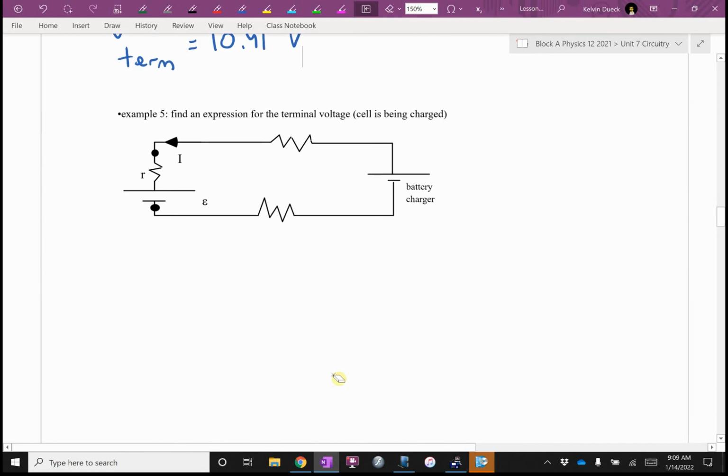So, example 5 says, find an expression for the terminal voltage if the cell is being charged. You know what? It's this. Terminal voltage is the EMF, this time plus the little voltage going through the internal resistor. That's what a rechargeable battery does. You could make that R bigger to get a bigger terminal voltage to recharge it faster, but then as soon as you put it back into a circuit, you'll lose more going through the battery. It won't be as good a battery.